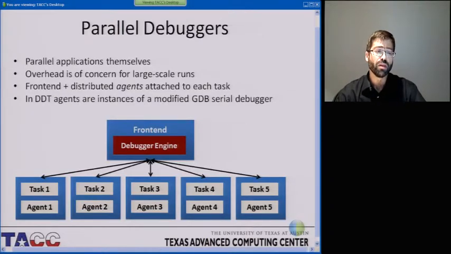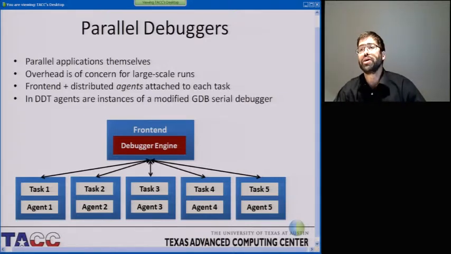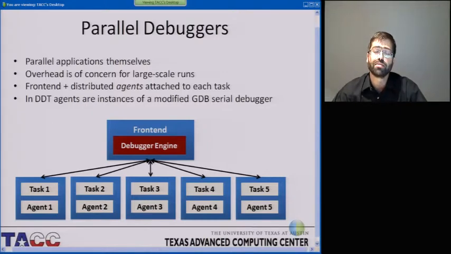Now, the way parallel debuggers work in the end is like any other parallel application. They're large distributed applications which have an overhead themselves, which is a reason why some debuggers don't work particularly well when you ramp up your execution to a very large number of cores. They're usually divided in the way that you see in the slide, with a front end that collates information from a series of distributed agents, each of which is usually assigned to a particular process or thread.